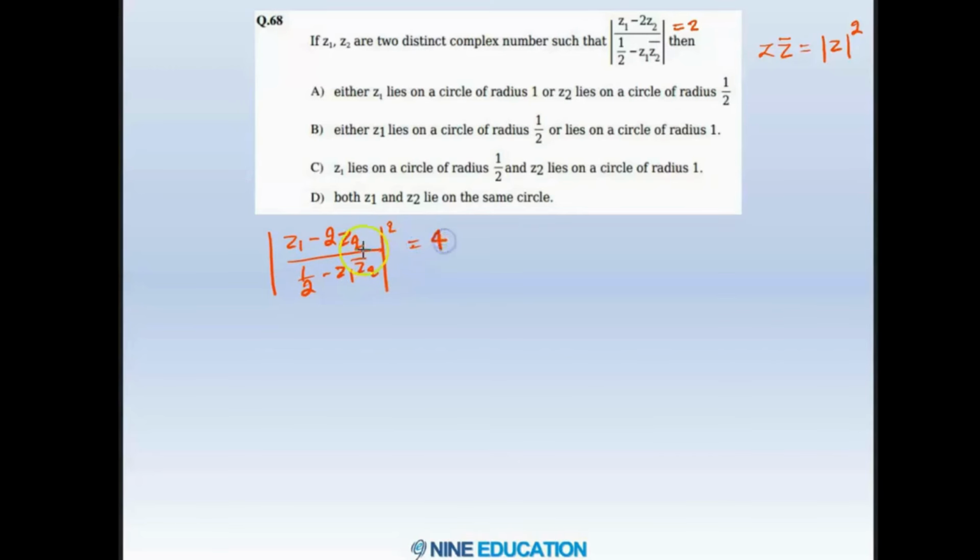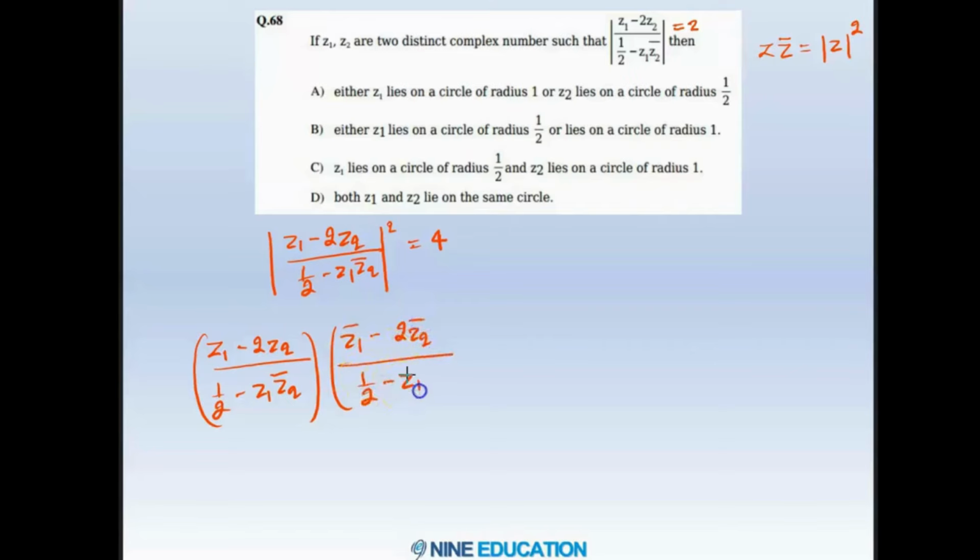So it will be the modulus squared of (z1 − 2z2) divided by (1/2 − z1 z2 bar), equal to 4, and then we can apply the property z into z conjugate. It will become (z1 − 2z2)/(1/2 − z1 z2 bar), and then the conjugate of this, (z1 bar − 2z2 bar)/(1/2 − z1 bar z2), equal to 4. Now let's multiply numerator as well as denominator.